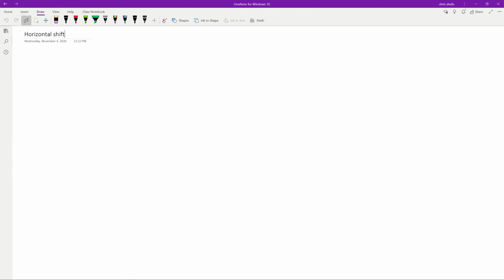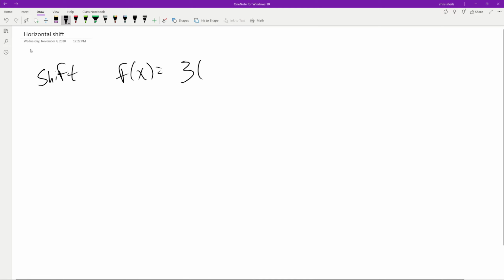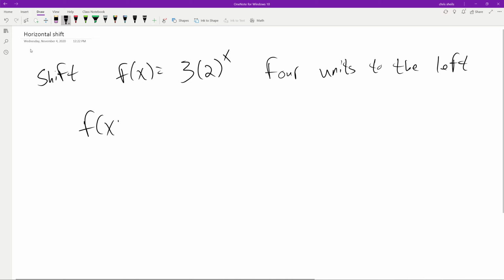Next up, let's look at transformations of exponential functions. Let's say we want to shift the function f of x equals 3 times 2 to the x, 4 units to the left. In this case, I'm looking at f of x plus 4.